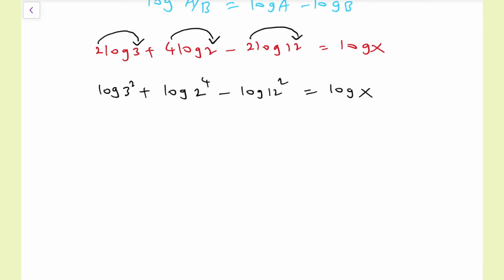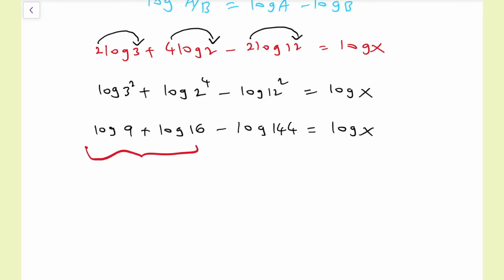log x. Log 3 power 2 is 9, plus log 2 power 4 is 16, minus log 12 square is 144, equals log x. Now if we observe the first and second terms, log 9 plus log 16. In logarithm, if plus is there, that becomes multiplication.